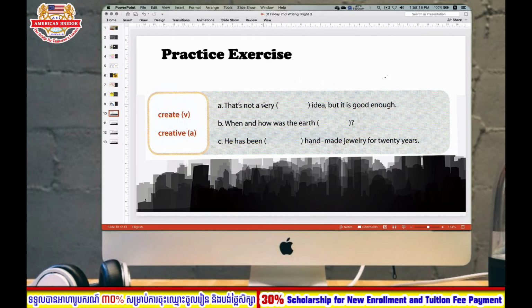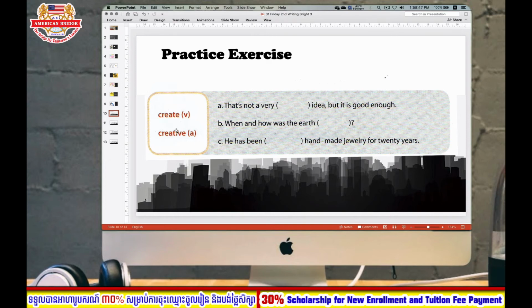That's not a very idea, but it is a good idea. So the word idea functions as a noun. Something that can be in front of a noun should be an adjective, because we have the article right here as well. So a very idea is a noun phrase, so we need an adjective in order to describe the noun.